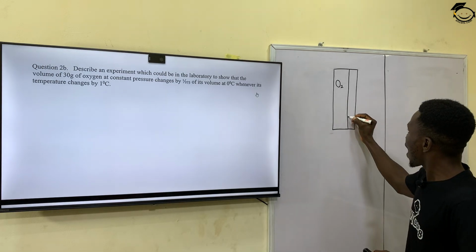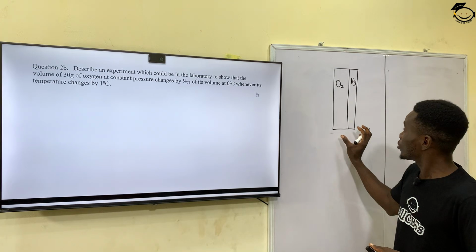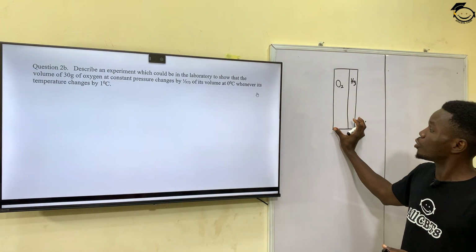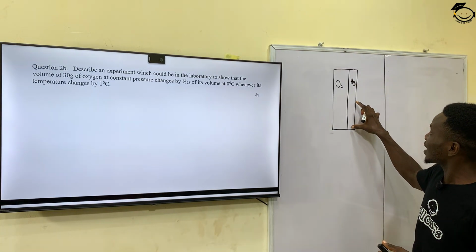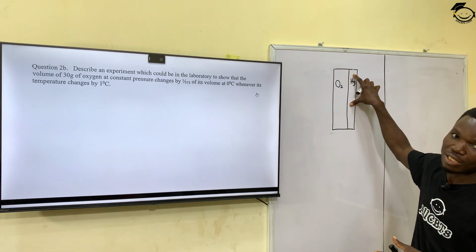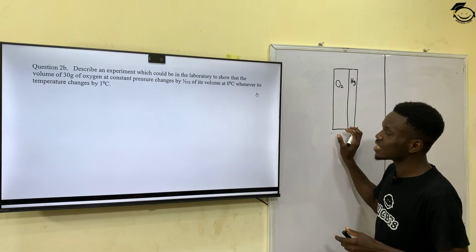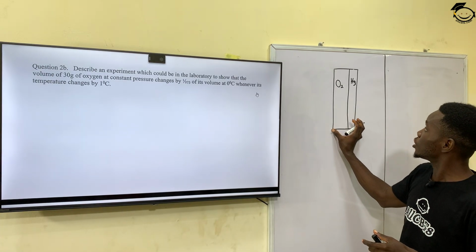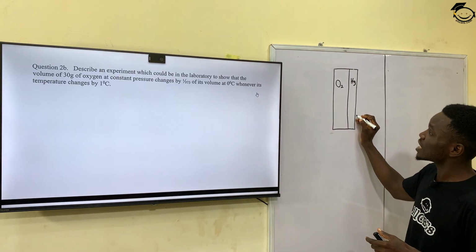And then here I have mercury placed within the tube. So I have to bore a hole in that tube such that since the tube is uniform, I put mercury pellets within this other part of this tube, such that when I start heating this particular oxygen within the tube, the mercury will start expanding.